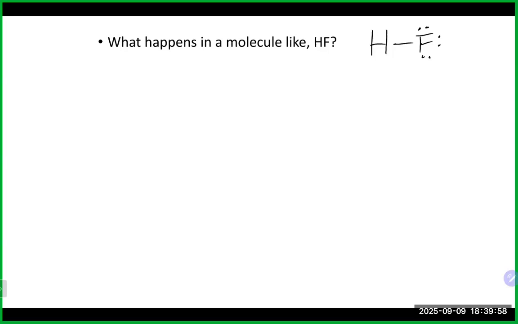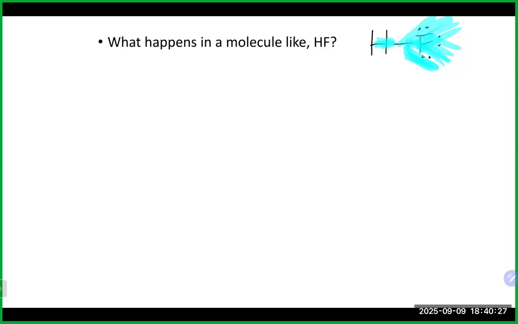When these two go to share electrons, it is the fluorine that's going to bring the electrons closer to itself. So the electrons are going to flow in that bond a lot closer to the fluorine side. If the blue I just drew is the electron density, the electrons are going to be hanging out on the fluorine side, and very little is going to be still hanging out on the hydrogen side.